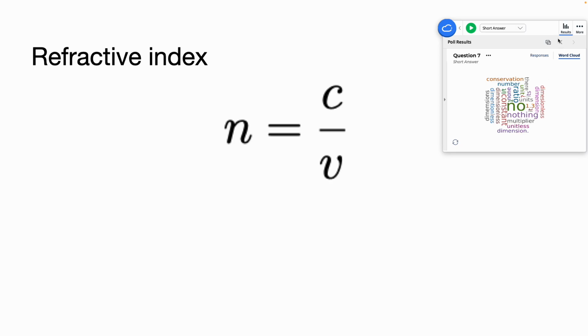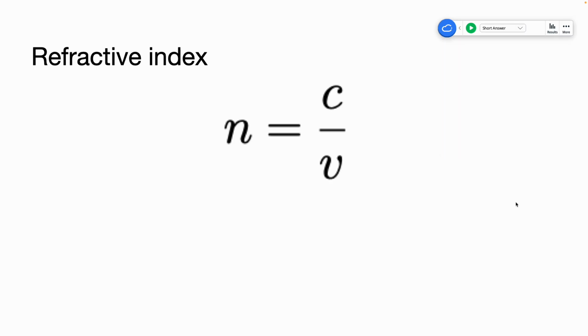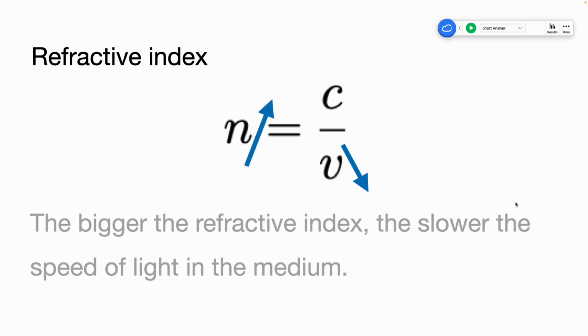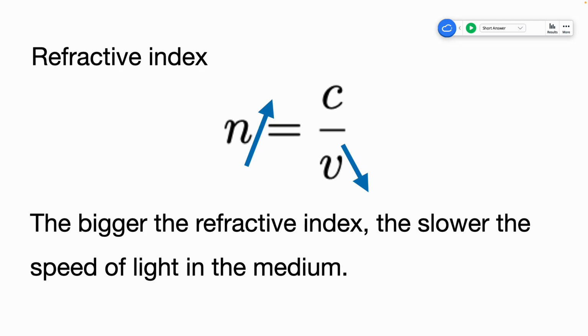Now, refractive index is defined as the speed of light in vacuum over the speed of light in the medium. So in a medium, light slows down. If the denominator becomes smaller, the number becomes bigger. So it means that if you have a big refractive index, the speed of light is slower. Okay? A bigger refractive index means the material will slow down the light more.